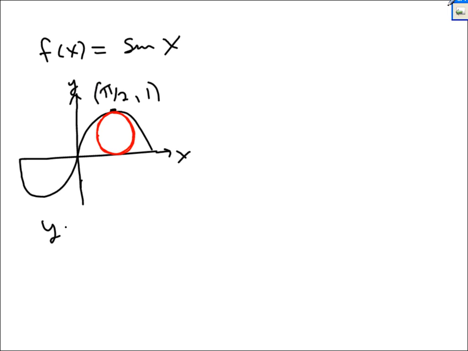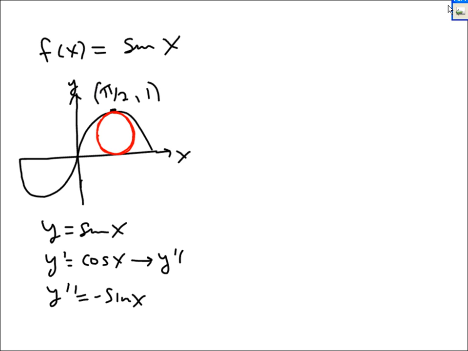So we know that y is equal to sine x, and y prime is cosine x, and y double prime is negative sine x. y prime at pi over 2 is cosine of pi over 2, which is 0.